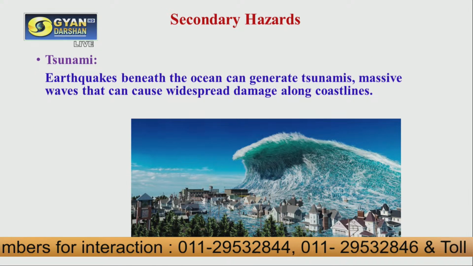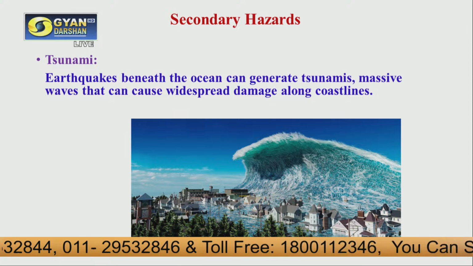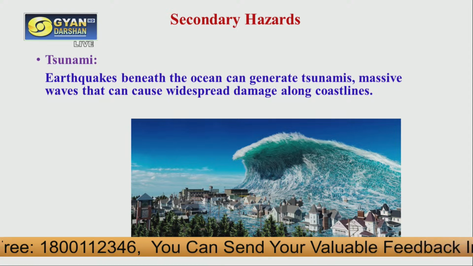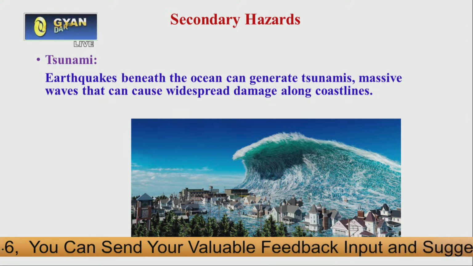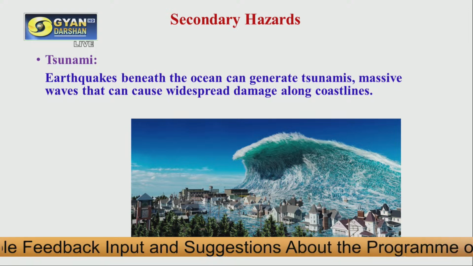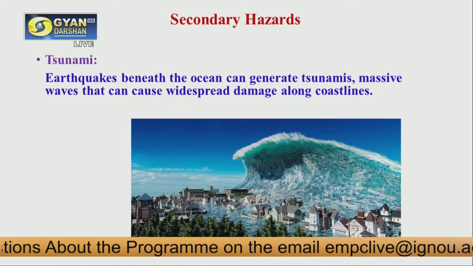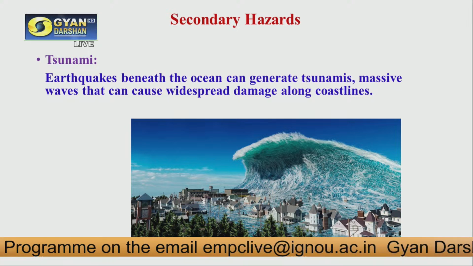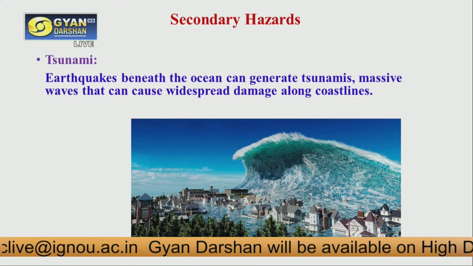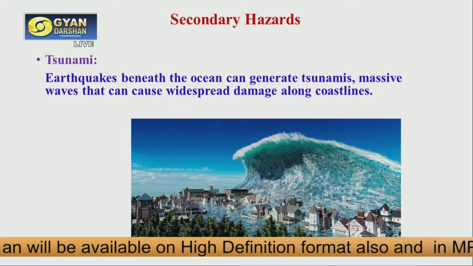Then let us move to the secondary hazards. The first important secondary hazard is tsunami. A tsunami occurs when an earthquake event occurs under the sea. Because of that earthquake, there is a disbalance, and the earth's surface or crust, some part, is moving down in comparison to the others. So large energy is transferred to the water body, and that energy is carried away by the water.